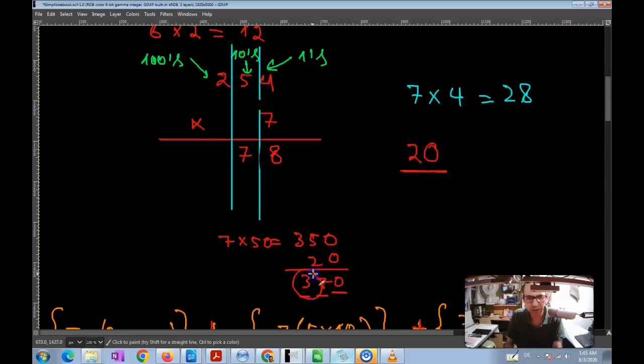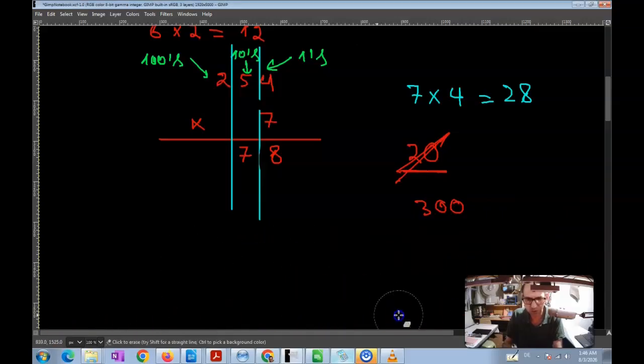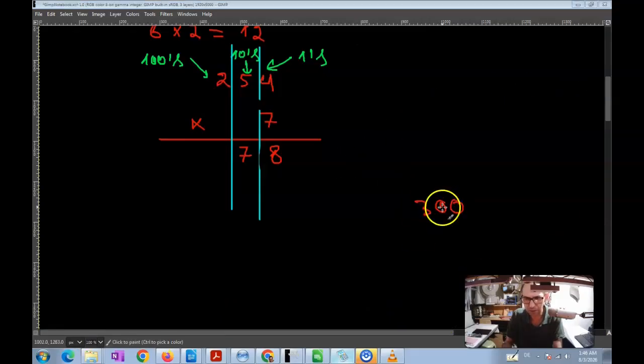And I have 300 left, so I have to keep this 300, and I can cross out the 20 because I already brought it in as a part of the calculation, so I don't have to take that into consideration. So now I can erase all of these things. The 300 I have to bring in, right?